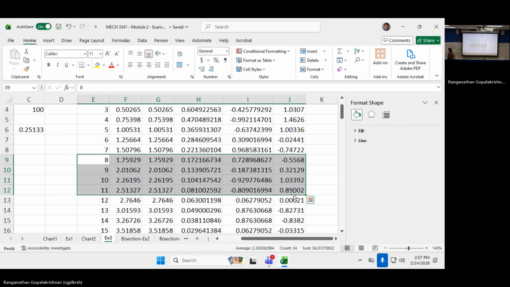So this graphical method is a very intuitive method. You can plot it, you can visualize it, you can understand what are the ranges in which we can expect the roots. But this method itself is quite tedious because you have to graph it and get to the final resolution. It's not easy.